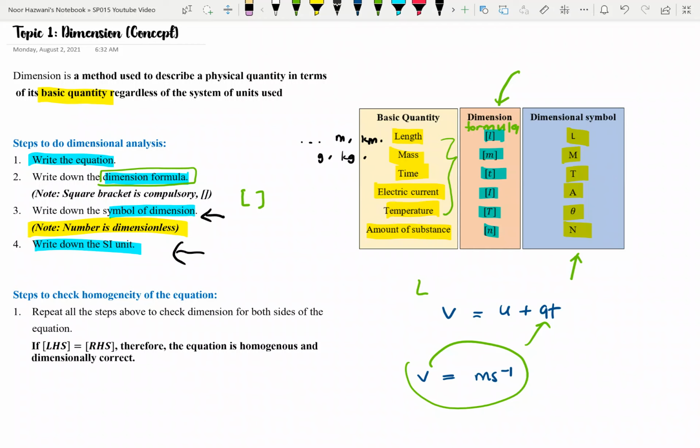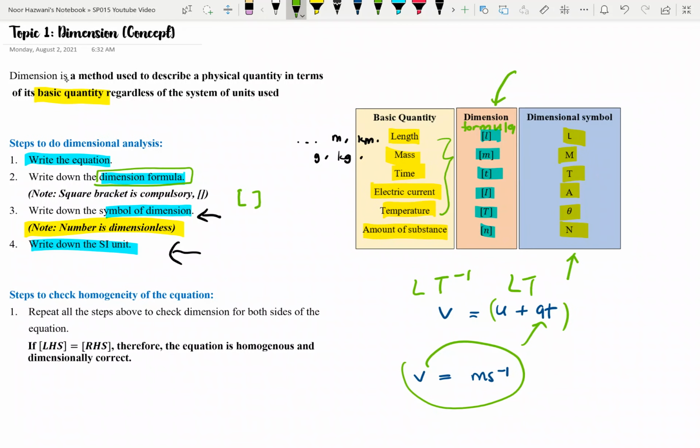LT minus 1. Okay, so right hand side ni, bila kita buat dimension, kita dapat tak LT negative 1? That's why I cakap, ini dimension ni kita akan express dia dalam basic quantity kan. Maksudnya length times dengan time power of negative 1. Walaupun masa kita kira, kita nak consider velocity ni dalam kilometer per second.